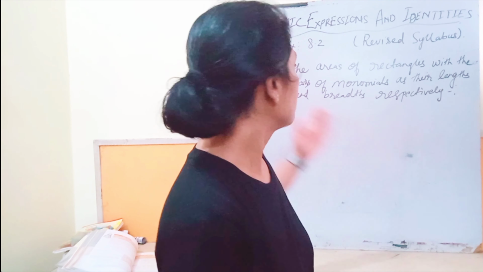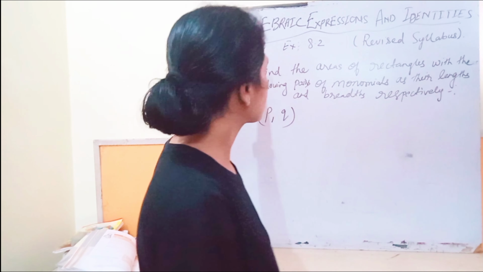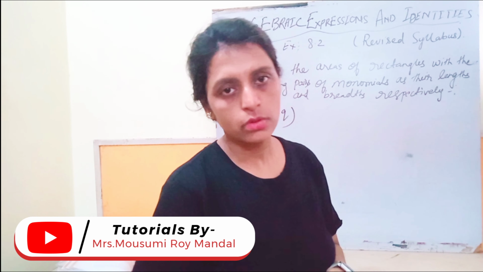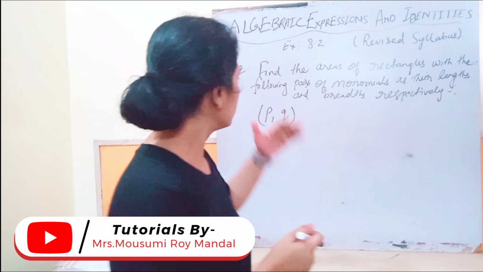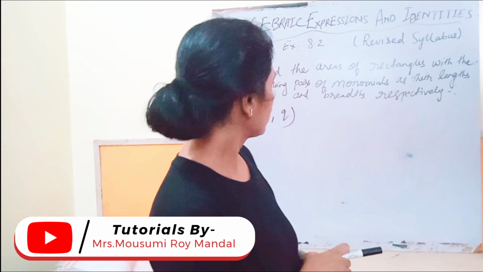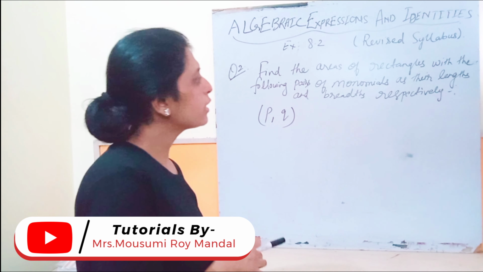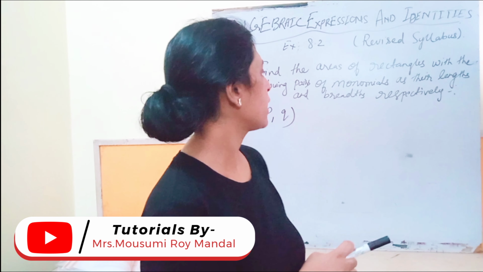Children, in my previous video I have explained question number 1 of exercise 8.2, how to multiply the monomials. Now in this second part, today I am going to continue with the second part. In this we have to find the areas of rectangles with the following pairs of monomials as their lengths and breadths.